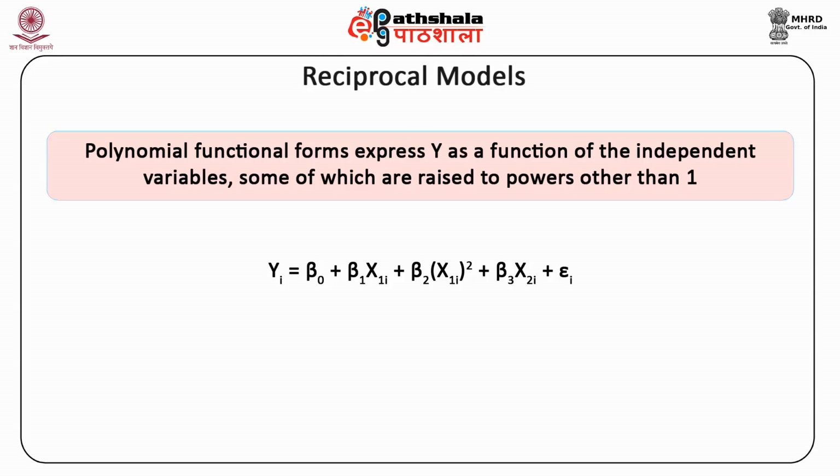The slope of y with respect to x1 in this equation is delta y/delta x1 = beta 1 + 2 beta 2 x1. Note that the slope depends on the level of x1 now.